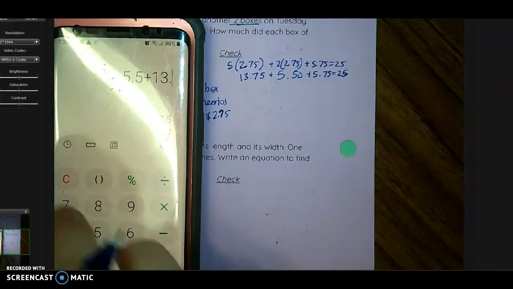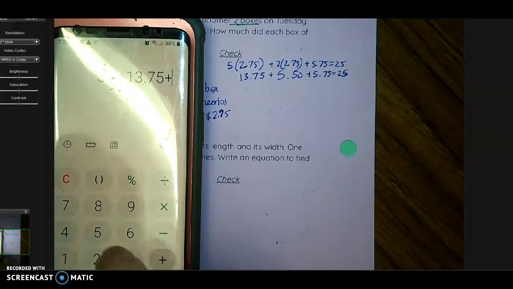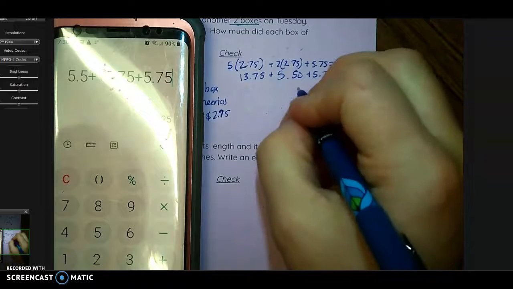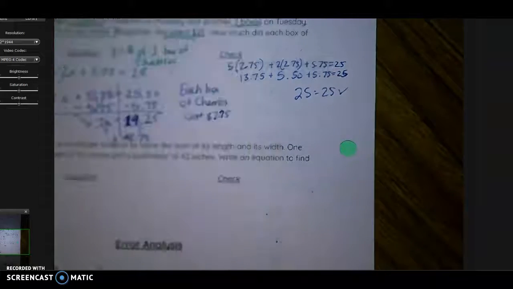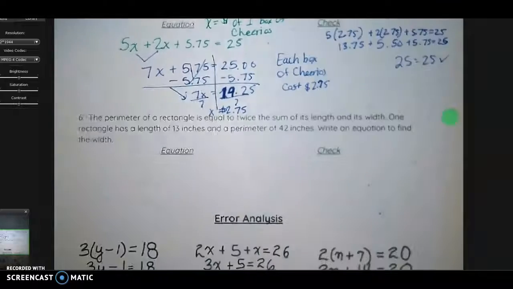And I'm just going to add up my amounts. And I do get that 25 equals 25, and it's a true statement. So we're good to go there.